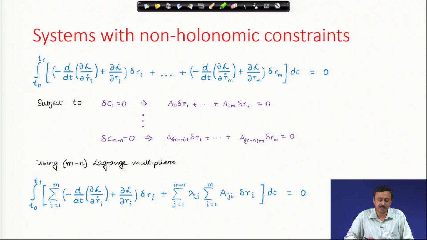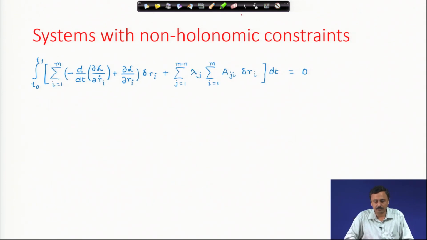We use m minus n Lagrange multipliers. Why? Because we have m minus n constraints. Multiply each constraint by a lambda_j and sum over all these constraints, which I have written here. And then you add it to the variational statement, and we have the combined statement from where we will derive our equations of motion.